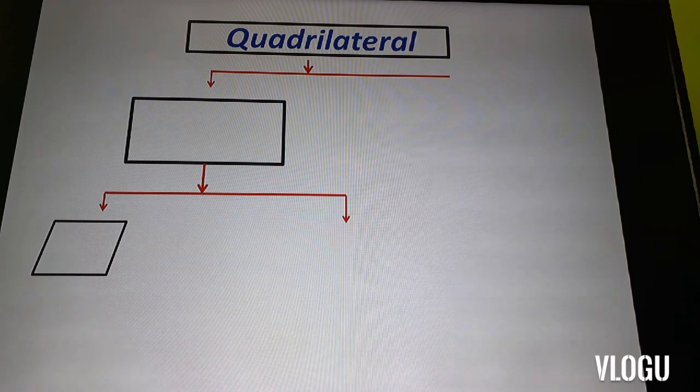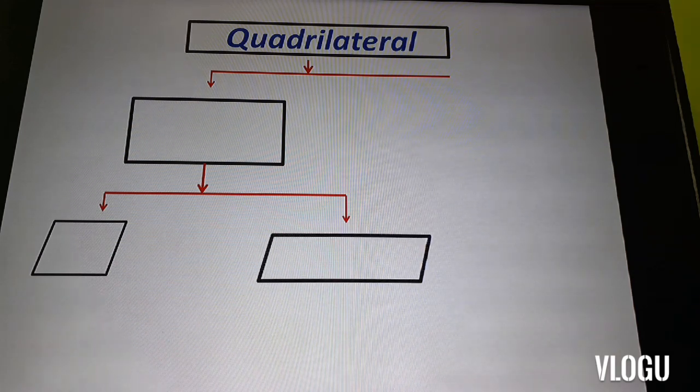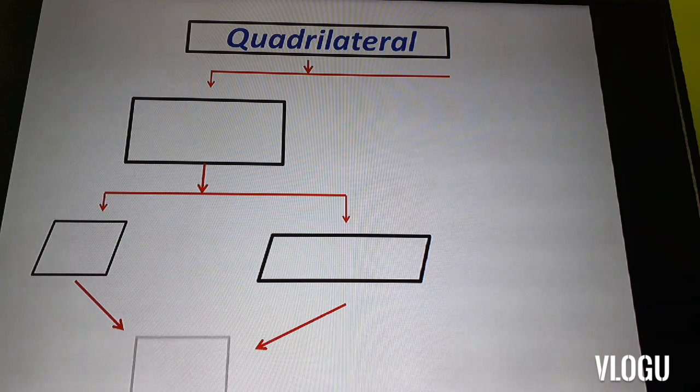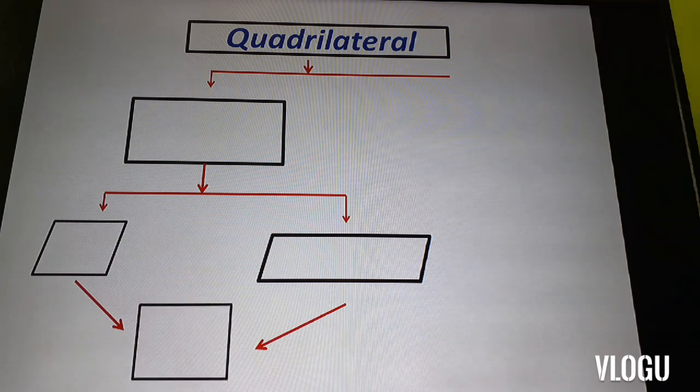Is it right or not? Well, we will find out later on. And it can also be like this. A rectangle is a parallelogram. Is it right or not? Again, we will find out later on. How about if I say that a rectangle is a square? Is it right or not?